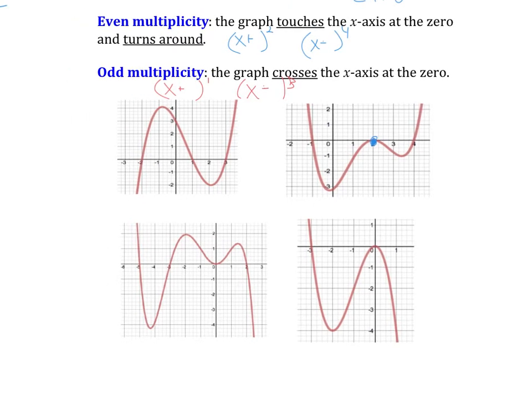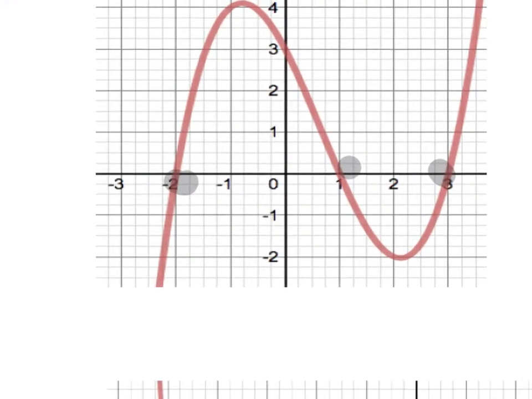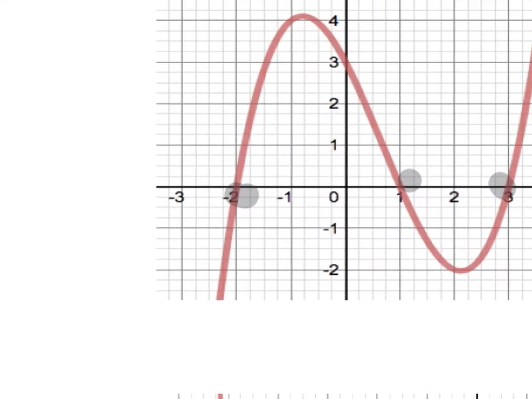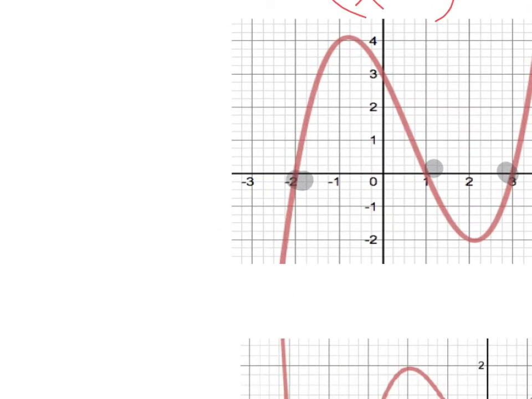All right, so here we've got examples in which we see graphs that have x-intercepts, and we can maybe determine the multiplicity of said graph. So what I'm doing is I'm just going through and I'm marking the x-intercepts. Now, as we know from previous lessons and units, x-intercepts indicate factors. So if I were to look at this first graph, I've got an x-intercept at -2.